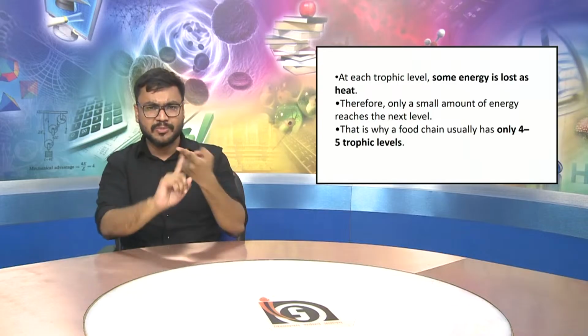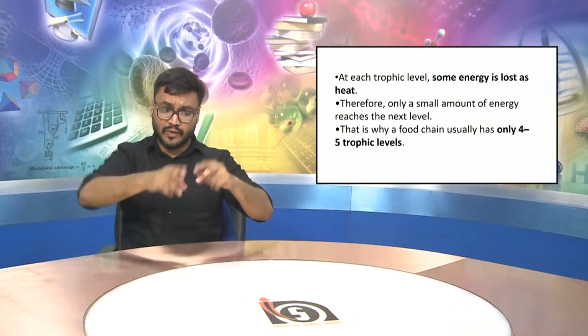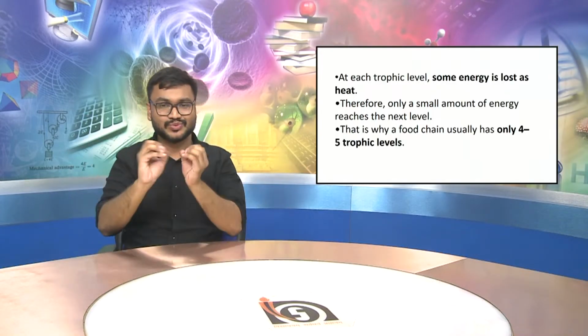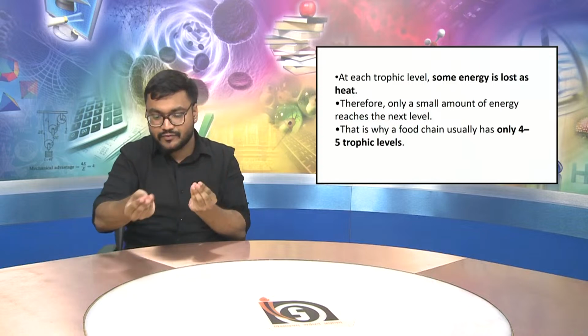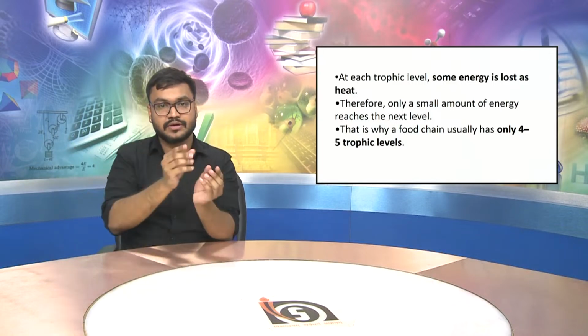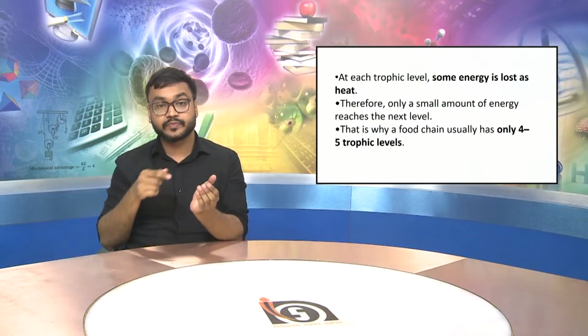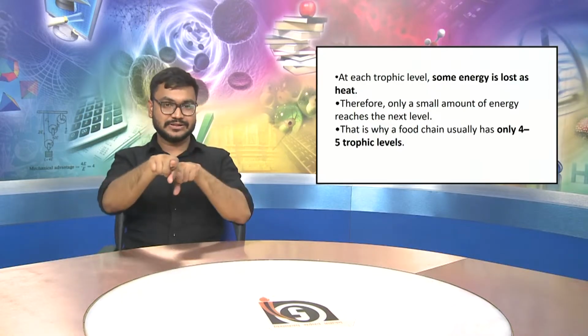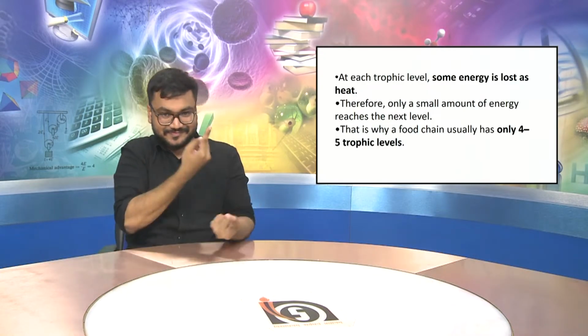At each trophic level, some energy is lost as heat. Therefore, only a small amount of energy reaches the next level.